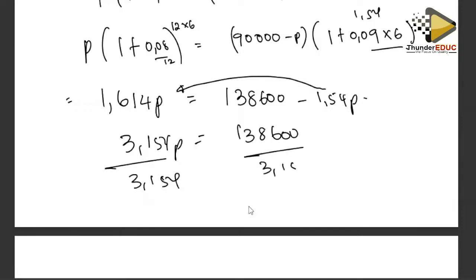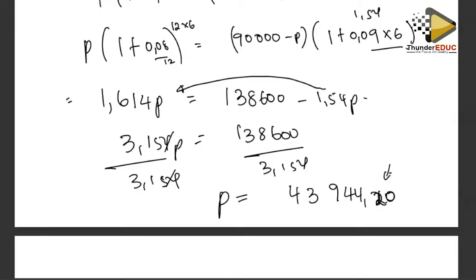So how much was invested initially? 138,600 divided by 3.154 gives me 43,944.20. Okay, so this was for the compound.